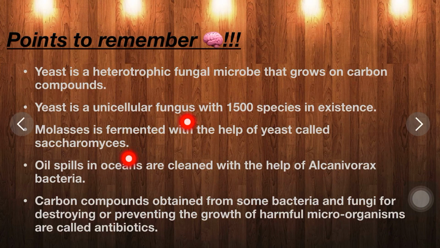Oil spills in the ocean are cleaned with the help of alkanivorax bacteria. Carbon compounds obtained from some bacteria and fungi for destroying or preventing the growth of harmful microorganisms are called antibiotics.